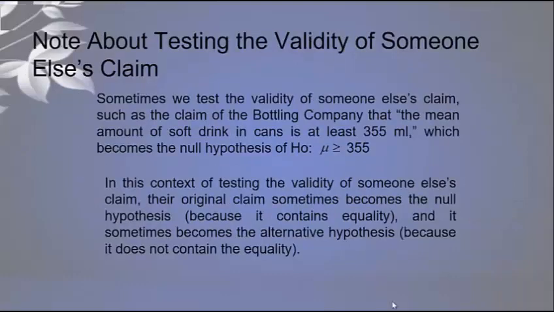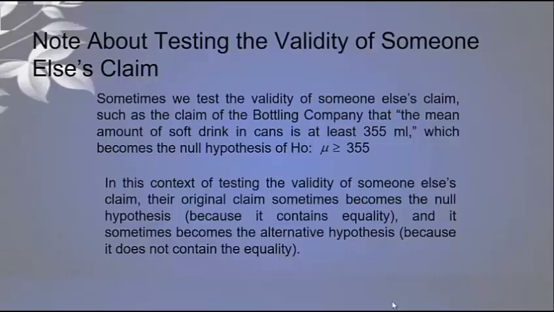Note about testing the validity of someone else's claim. Sometimes, we test the validity of someone else's claim, such as the claim of a bottling company that the mean amount of soft drink in cans is at least 355 ml, which becomes the null hypothesis of mu greater than or equal to 355 ml.